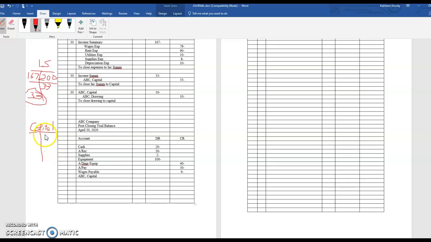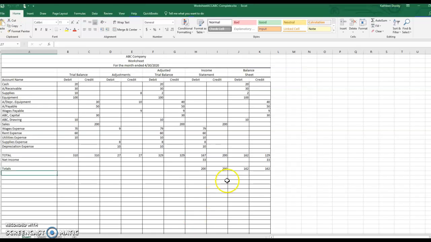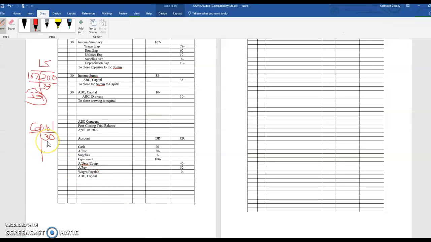Now I had a 30 credit balance in there from the worksheet. Here's my 30 credit for capital from the worksheet. So that's what I'm starting out with.